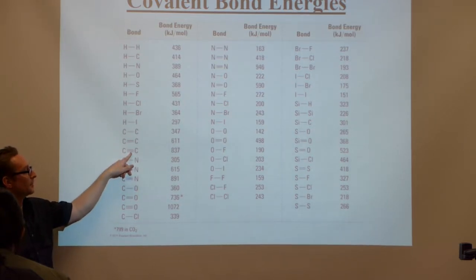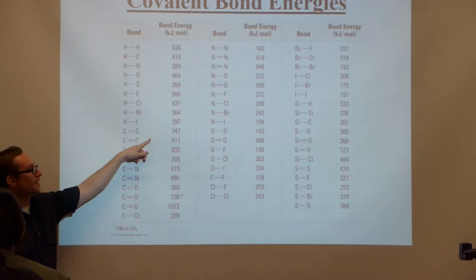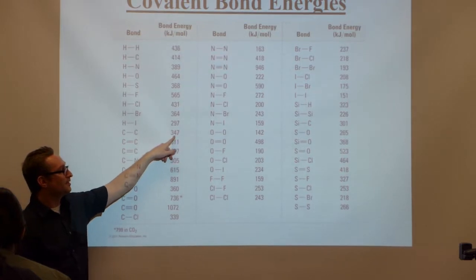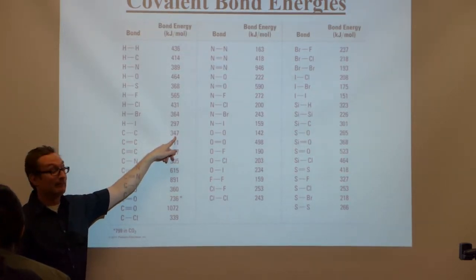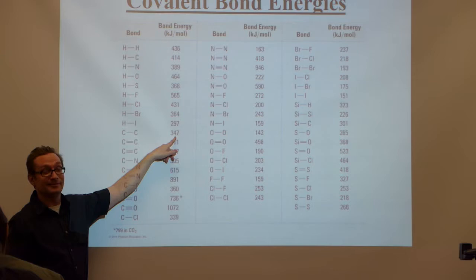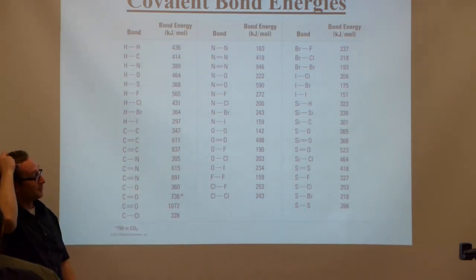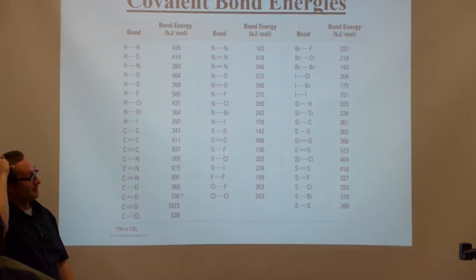And then you look at the triple. You would think the triple would be 3 times the sigma. So what's 3 times 347? 1,041.